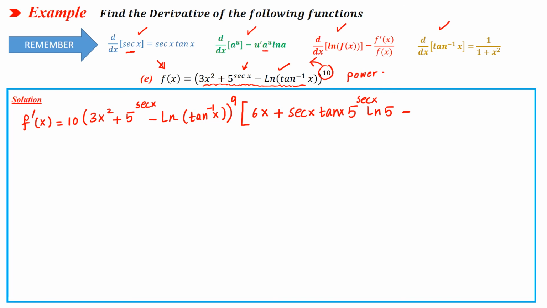The inside function is tan inverse of x, and the derivative of ln equals the derivative of the inside function divided by the inside function. The derivative of tan inverse of x is 1 over 1 plus x squared. This is the derivative of the inside function divided by the inside function, which is tan inverse of x.